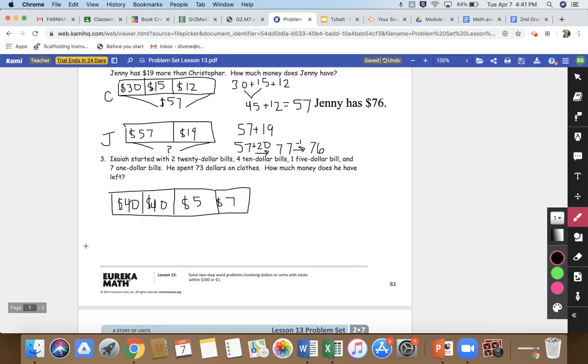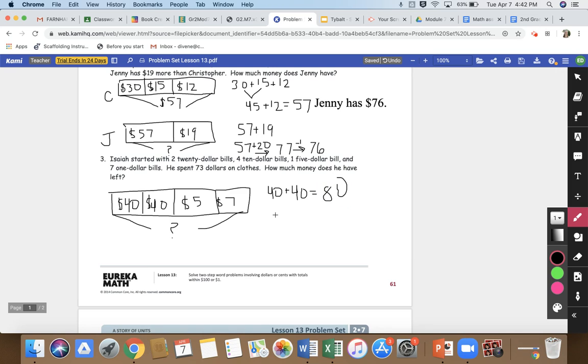So we're going to, first of all, find out how much this total here is. And we can do that by just going step by step. So 40 plus 40, we should be able to do that, just mental math. 4 plus 4 is 8. Therefore, 40 plus 40 is going to give me 80.